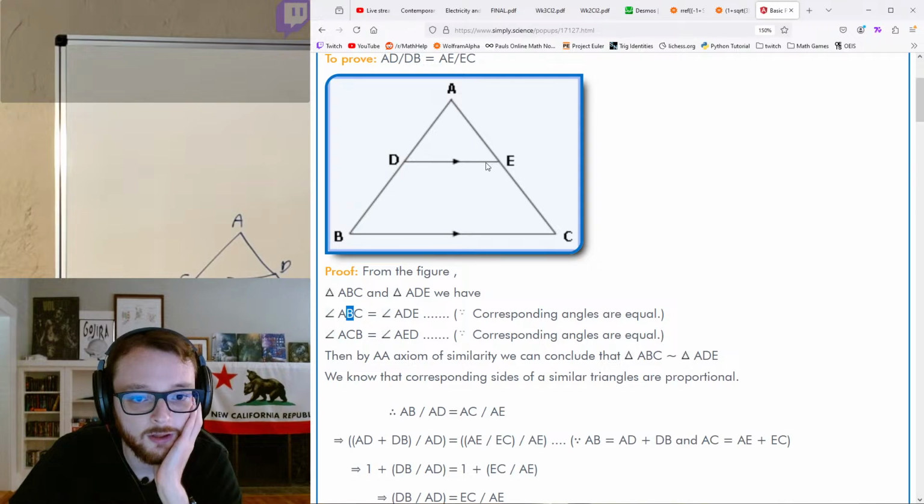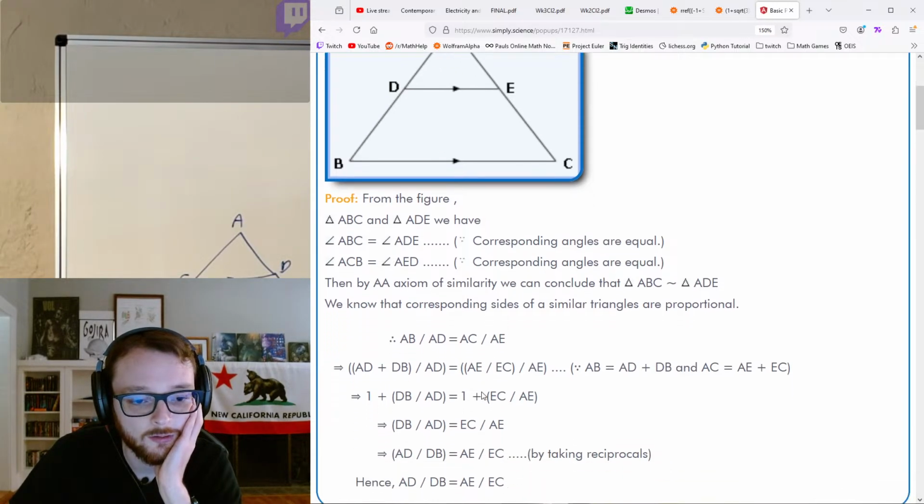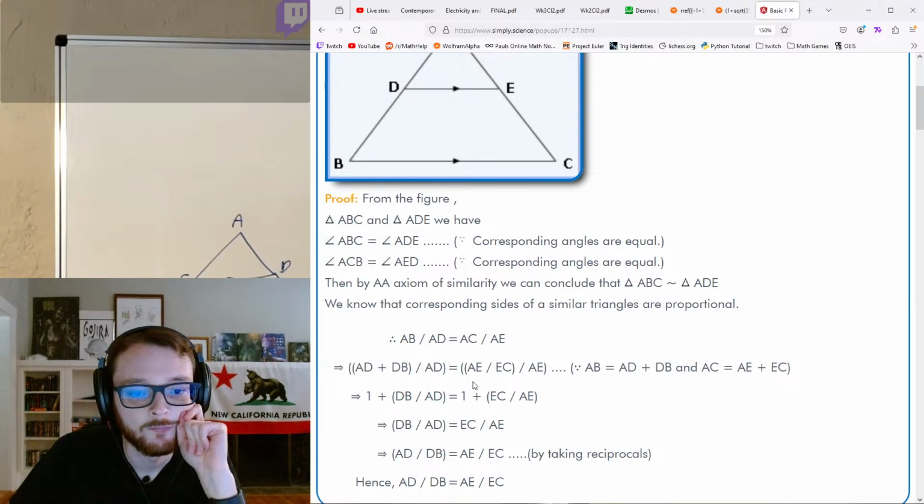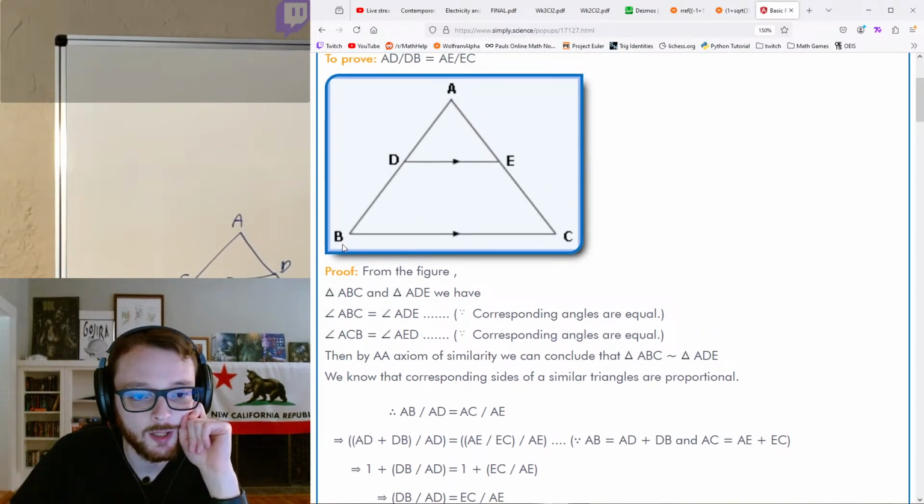ACB is equal to AED by the same logic. Then by angle-angle axiom of similarity, we can conclude that these two triangles are similar. Okay. We know that the corresponding sides of a similar triangle are proportional, right? So AB over AD is equal to AC over AE.